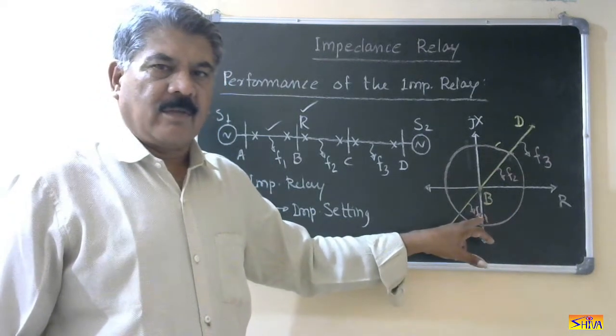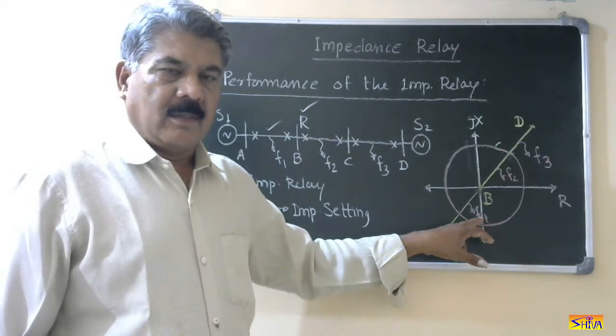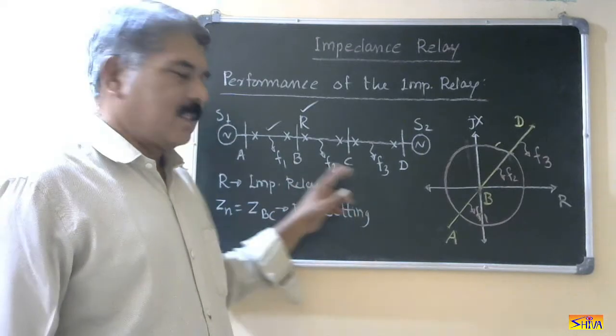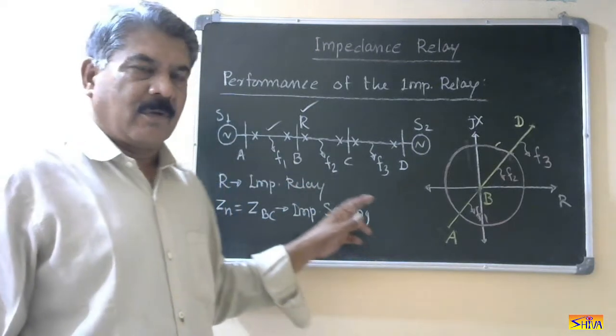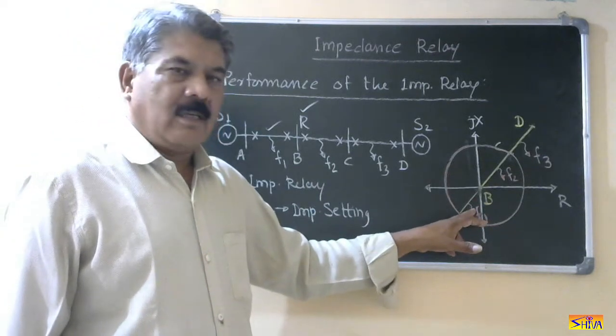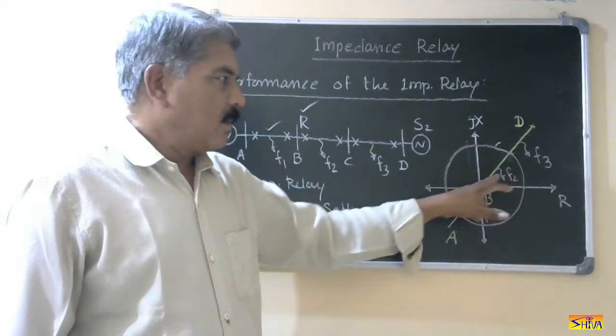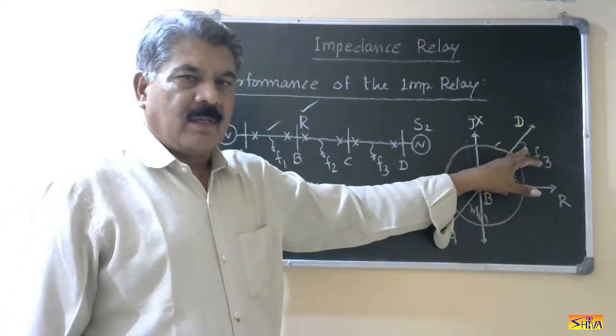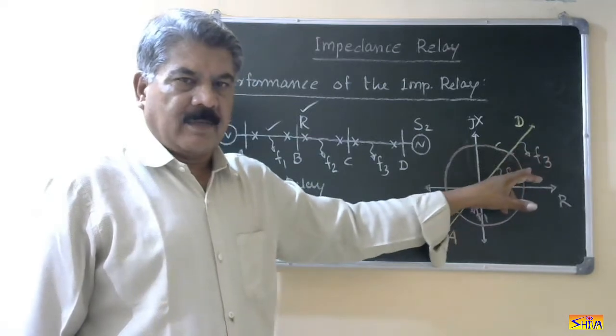So the relay is operating for fault F1. That is not desirable because this relay is used to protect line section BC and it is operating for a fault in section AB. So this is the malfunctioning of the relay. For F2, it is the internal fault, it is operating. F3, it is the external fault, it is not operating.